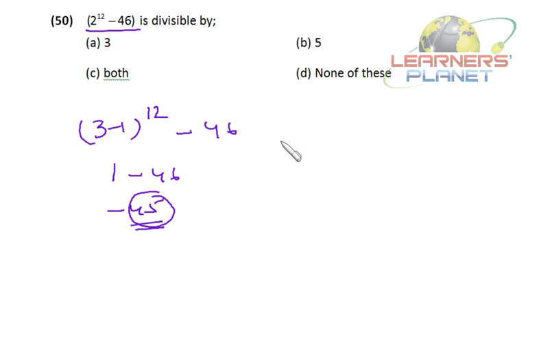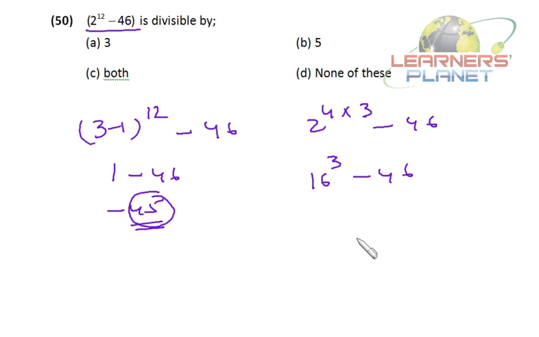Let's check it for 5 also. So 2^12 can be written so that we make it a multiple of 16. So (2^4)^3 minus 46. 2^4 is 16. So finally this number is 16^3 minus 46.